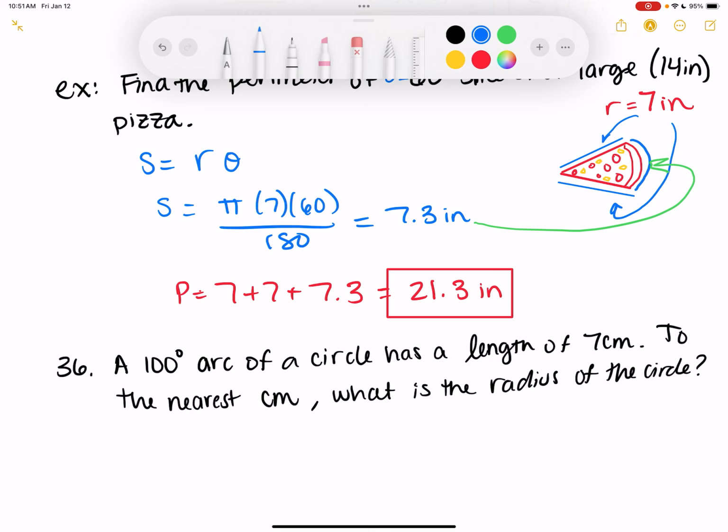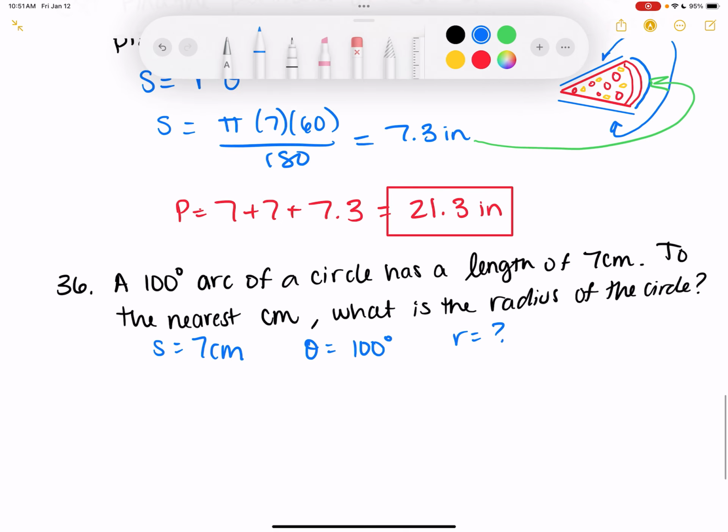So what pieces of information did they give us? They gave us the arc length and theta. So S is equal to 7 centimeters, theta is 100 degrees, and I'm trying to find the radius. S is equal to pi times r times theta divided by 180, but I'm trying to find r.